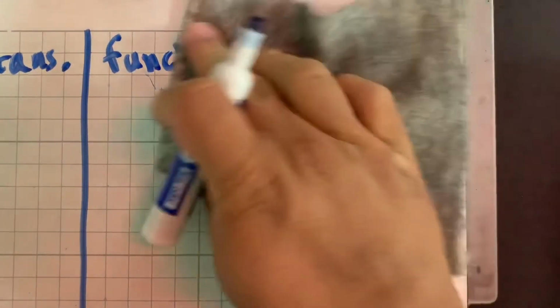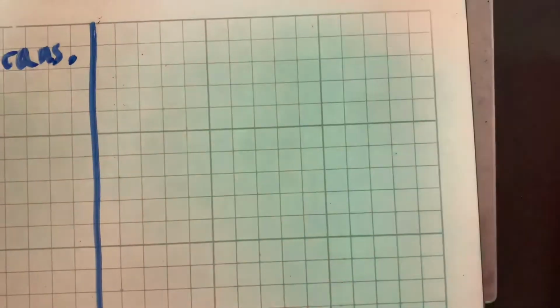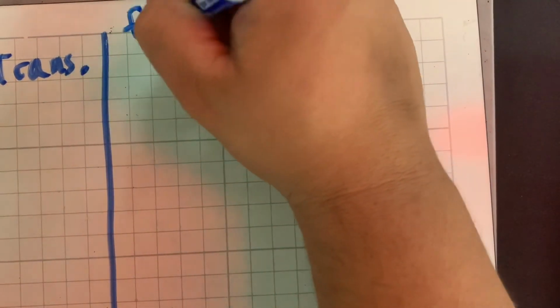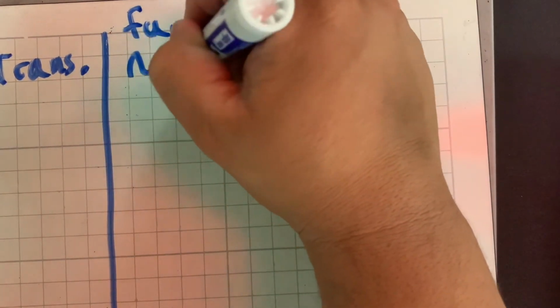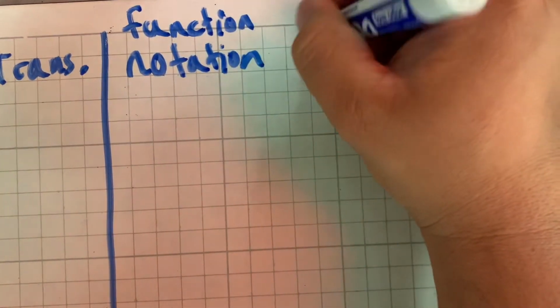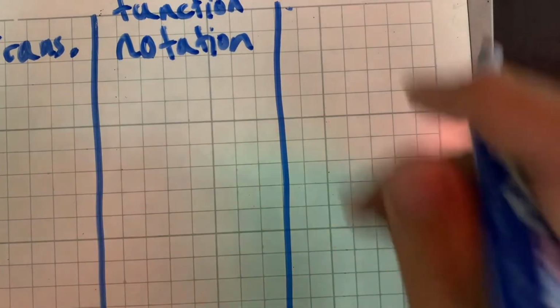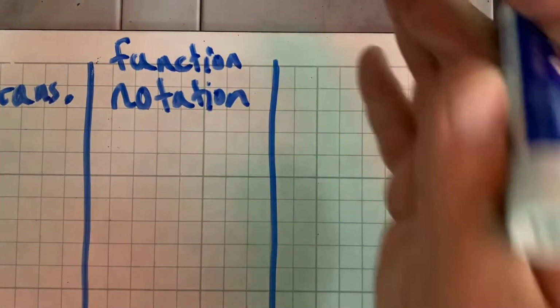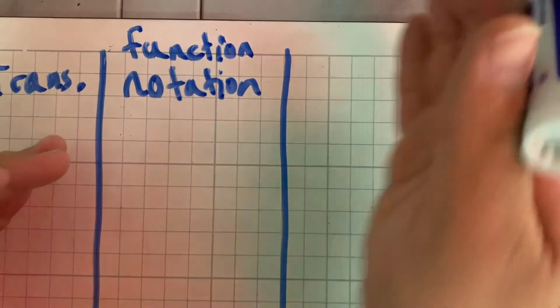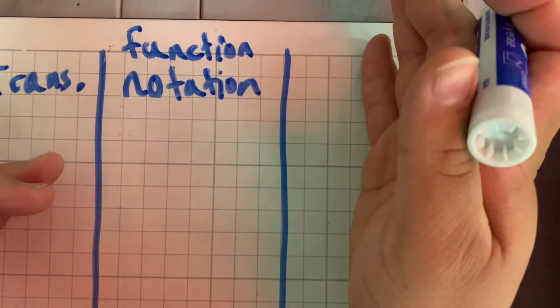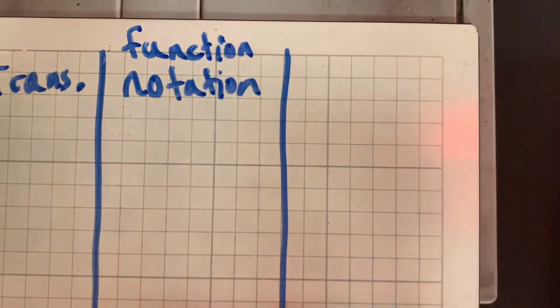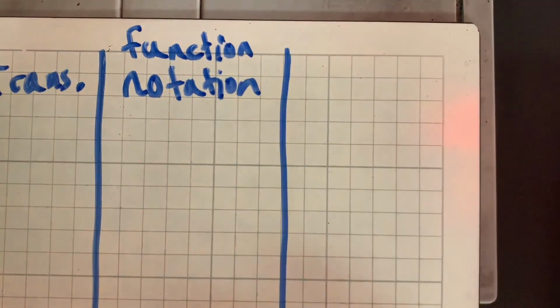Let's make that one smaller. And now, here in your chart, you had transformations, your function notation, and here we had absolute value. I'm not going to write the absolute value box down, because now we're not talking about absolute value.